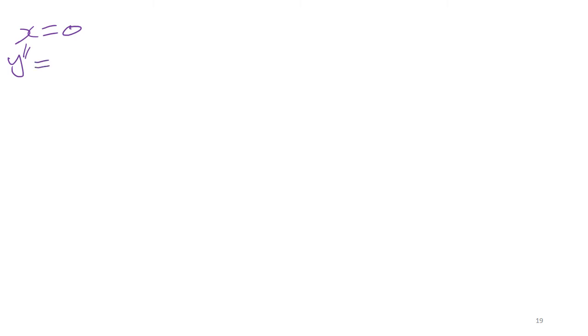We worked out on the previous page that the second derivative was 12x squared take away 24x. Subbing in x equals 0 gives 0. So at this point the second derivative is 0, so this could possibly be a point of inflection.